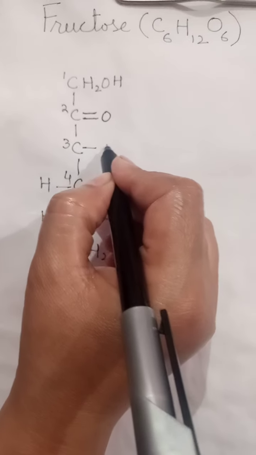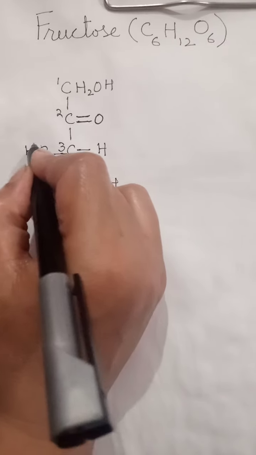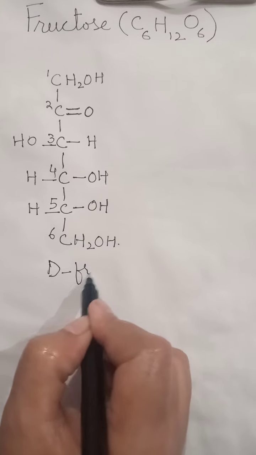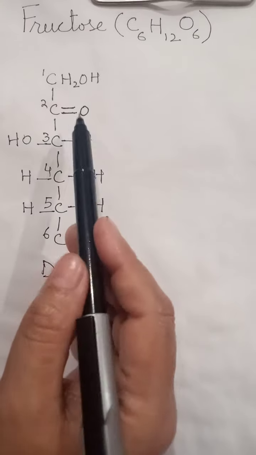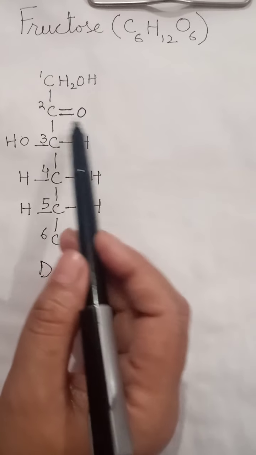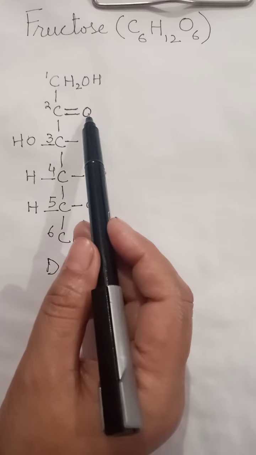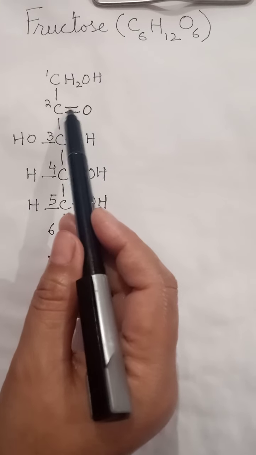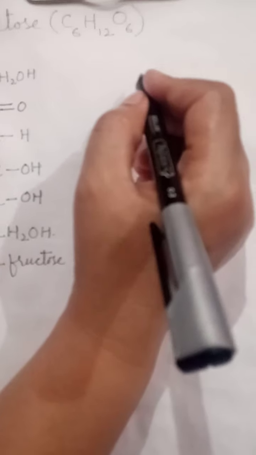So only carbon 3 is left, and here hydrogen will be there, and this is the hydroxyl group. So very simple, this is D fructose. Only keep this in your mind, that this is a keto sugar, so carbon number 2 will make a bond with oxygen, and the valency of oxygen is 2, so it will share its 2 electrons, or it will make 2 bonds with oxygen. Okay, this is D fructose.